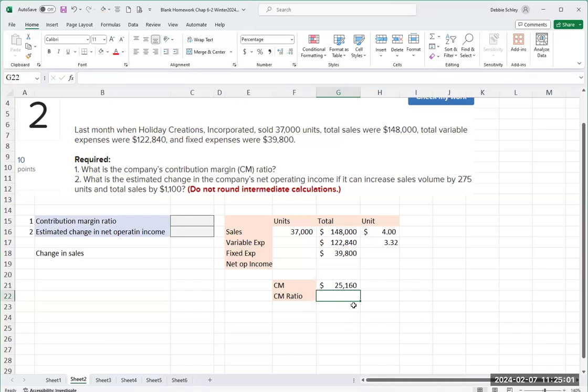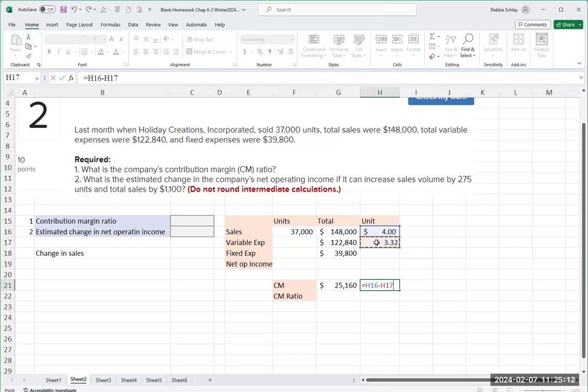There's my contribution margin total, right? If I wanted to do it per unit, I take my sales price and my variable expenses per unit. So again, I'm showing you two different ways to get to the same contribution margin ratio.